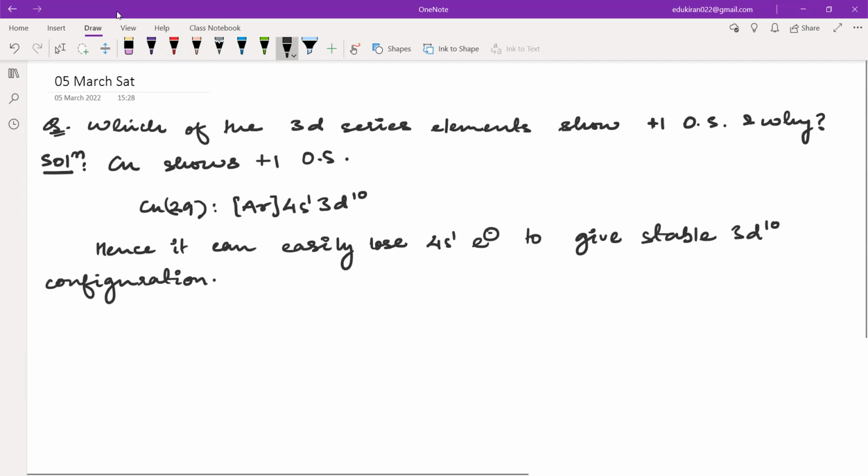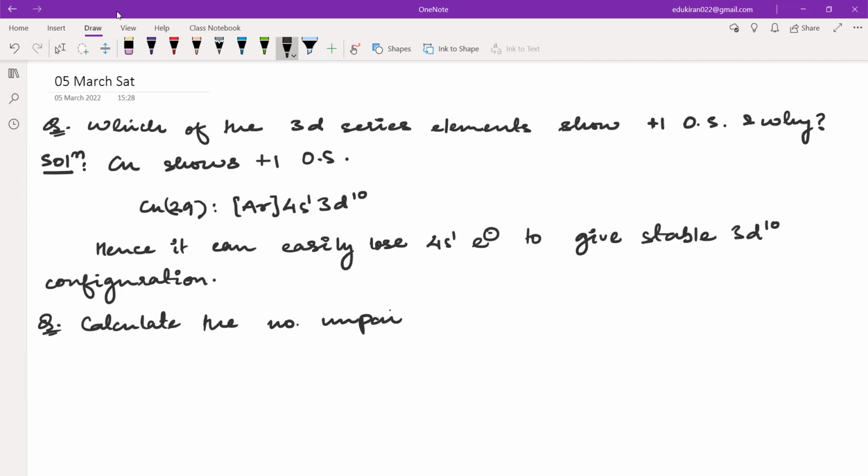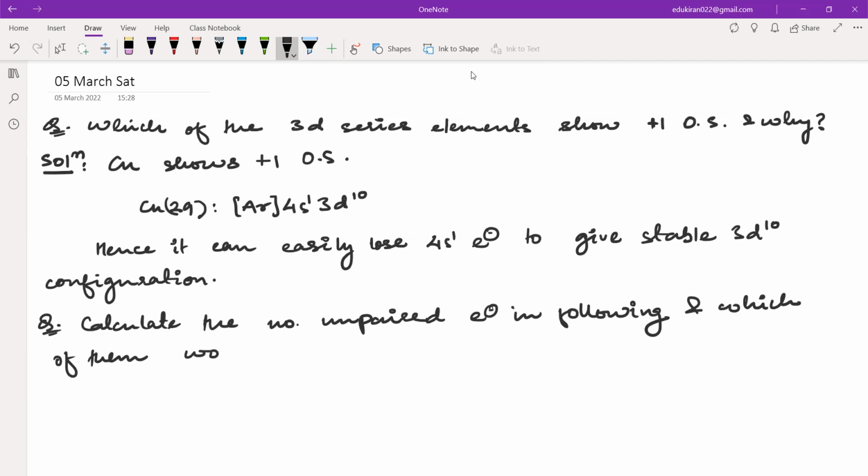And the next question. Calculate the number of unpaired electrons in the following, and which of them would be most stable in aqueous solution?